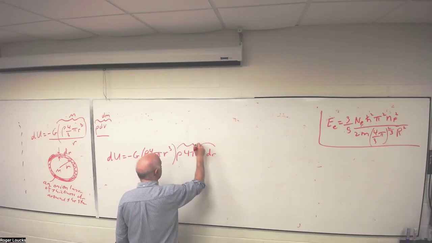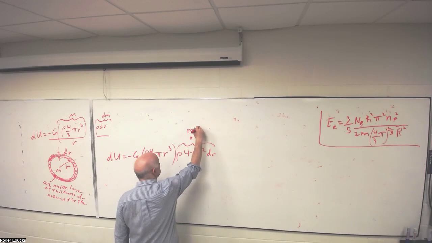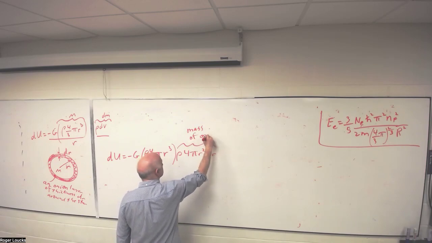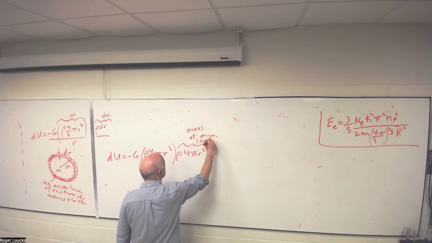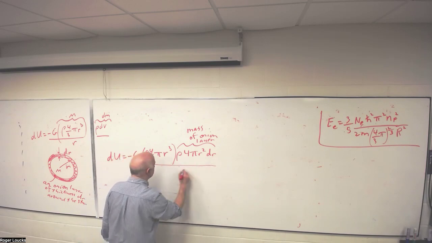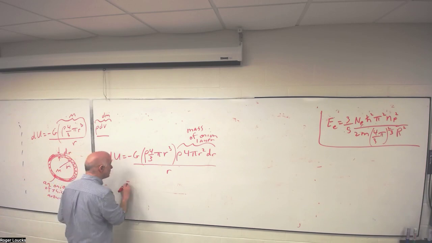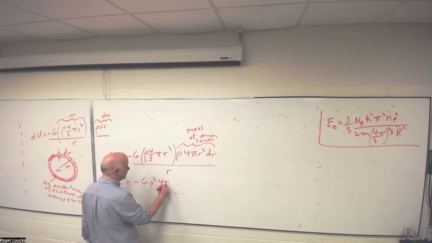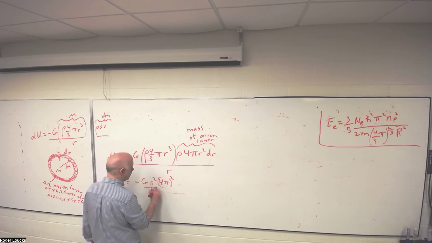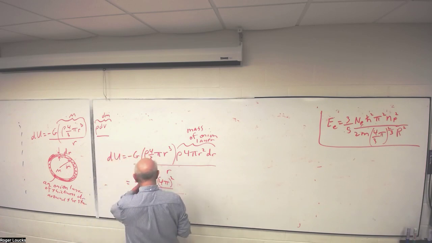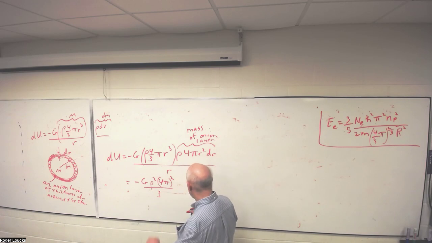So this is my onion layer. If I clean this up some, I get minus G rho squared 4 pi squared over 3, and then I'm getting r to the 4th power dr.